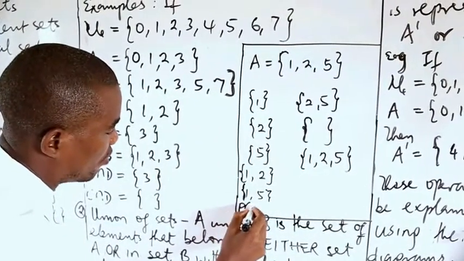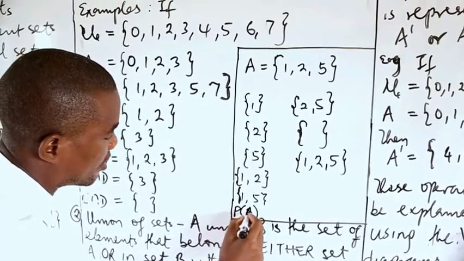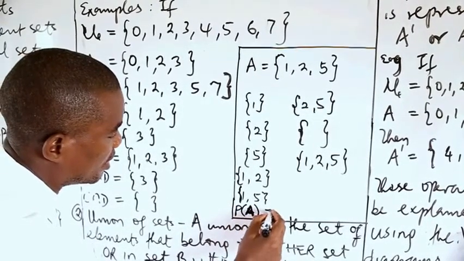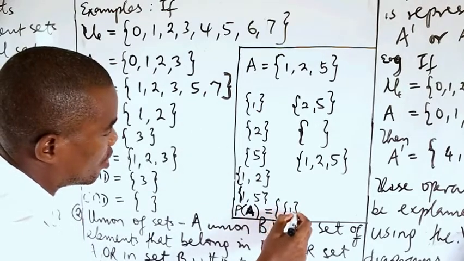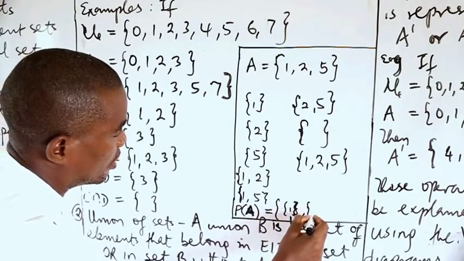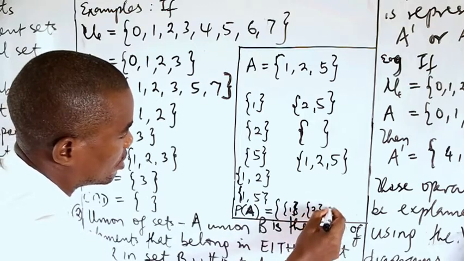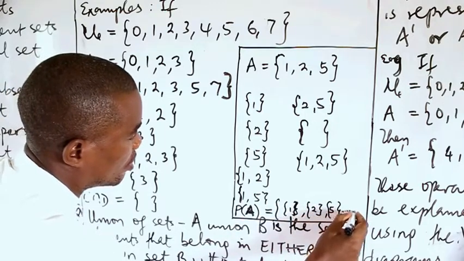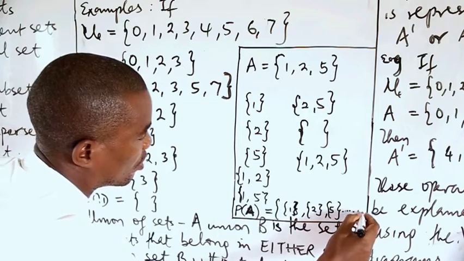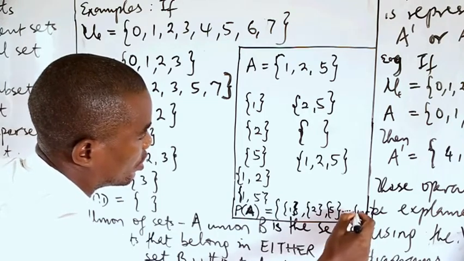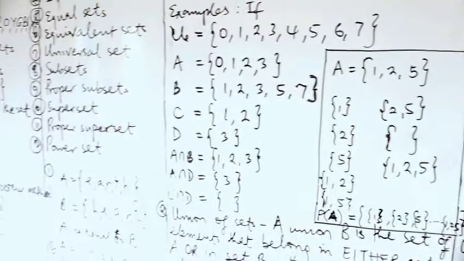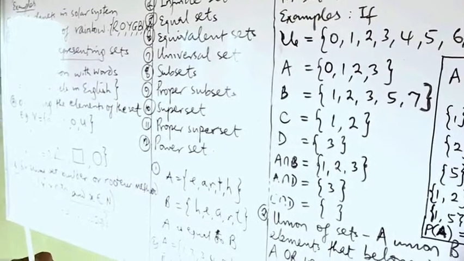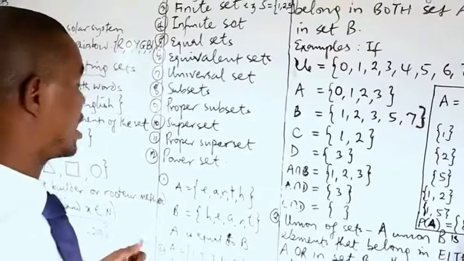Power set of set A equals, you combine all the sets together. Set this one, then this, until you get to the last one, this set. When you combine all of them in a set, then we have a power set.